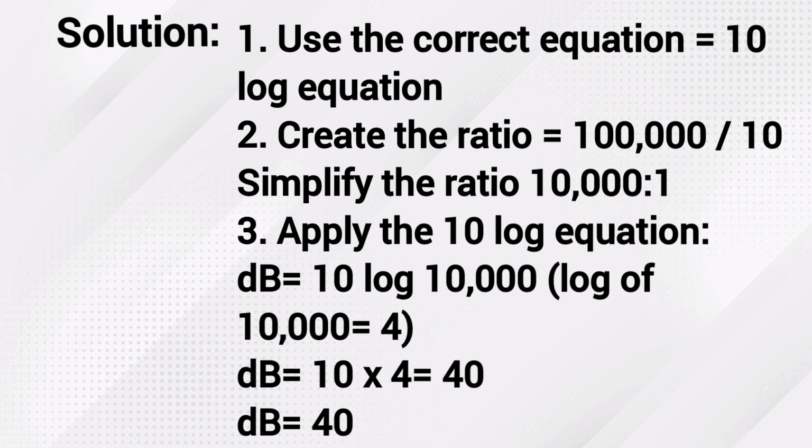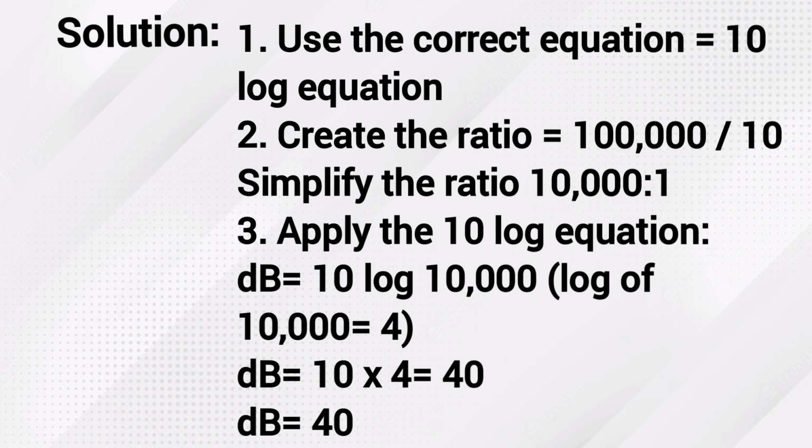Here in the question, both are in milliwatts. Always place the starting value, the original value, on the bottom. In this case, the ratio will be 100,000 divided by 10. Simplified, it will be a 10,000 to 1 ratio.